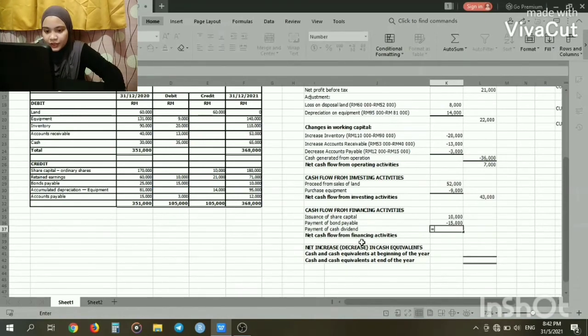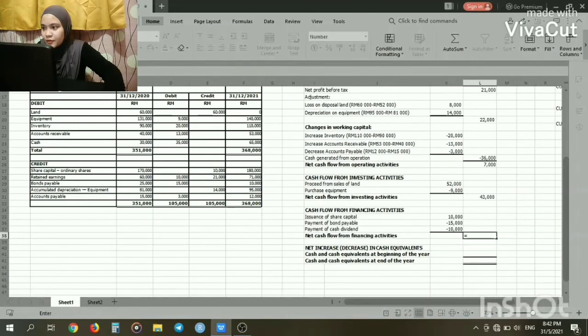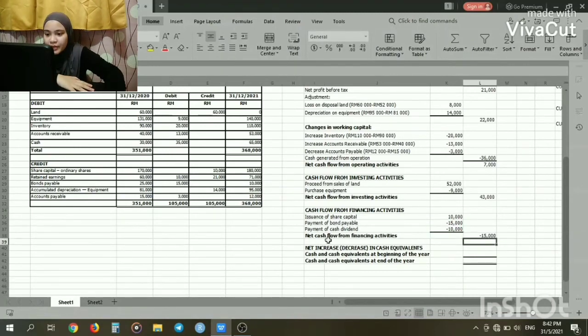Same goes with cash dividends, 10,000 ringgit. So net cash flow from financing activities is the sum of all the figures given for issuance of capital, payment of bonds payable, and cash dividends.